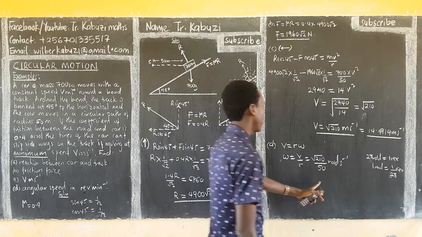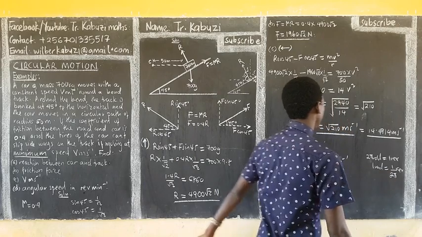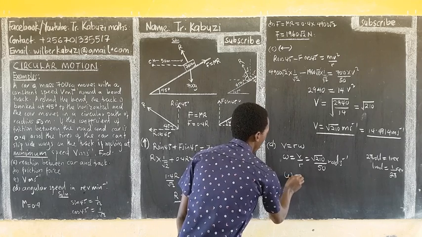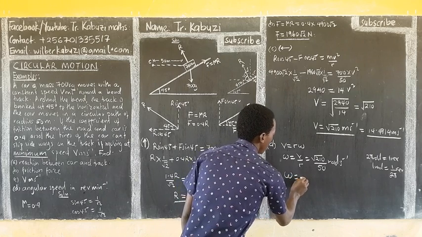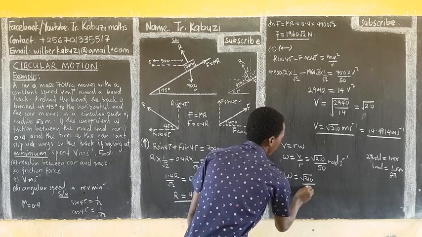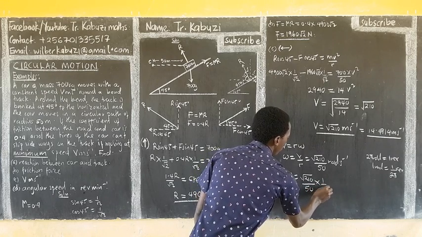To convert this, all we are going to do is multiply with this. So now it's going to be root 210 over 350, then times 1 over 2 pi.